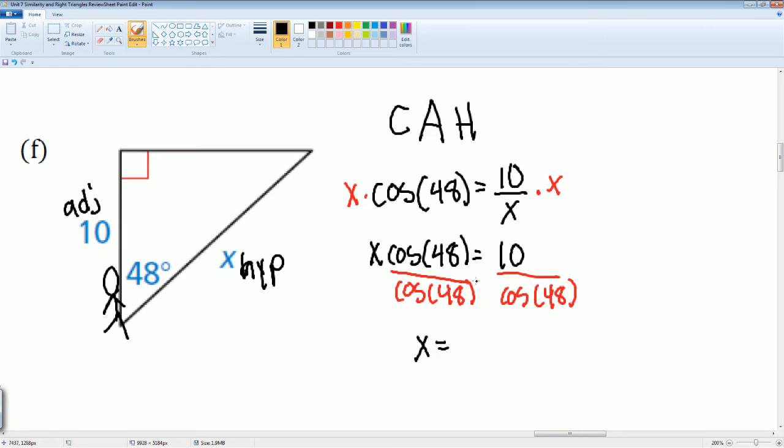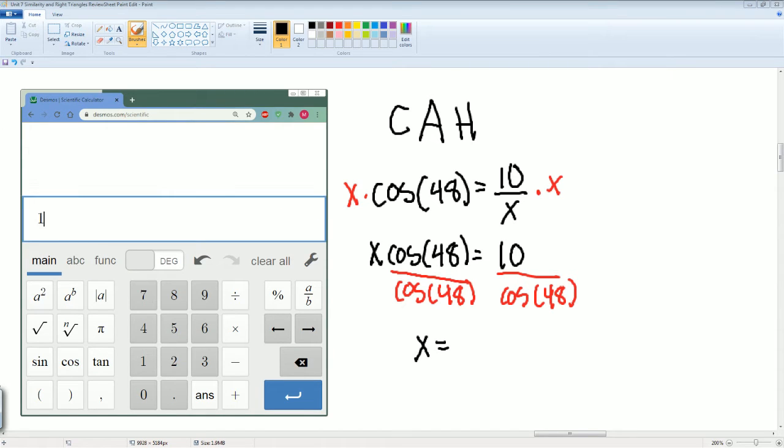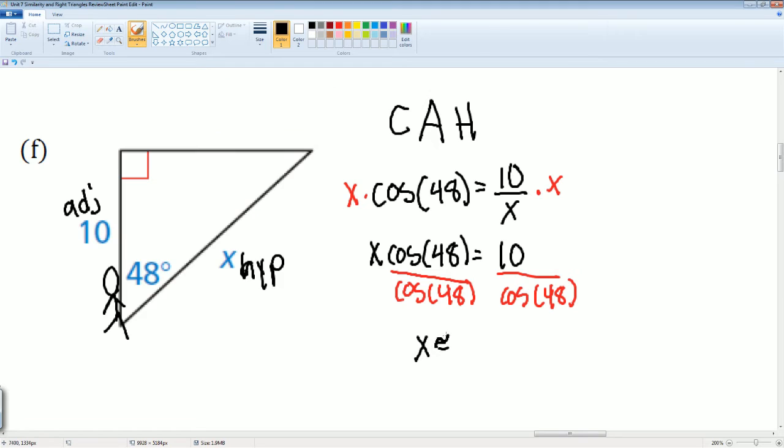That gets you 14.9. Let me show you this in decimals. 10 divided by cosine 48 gets you 14.94. So you could say this is roughly 14.9. Okay, 14.94, you round it down, so it becomes 14.9.